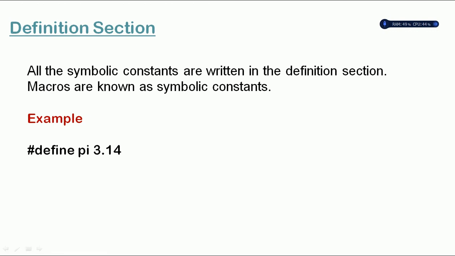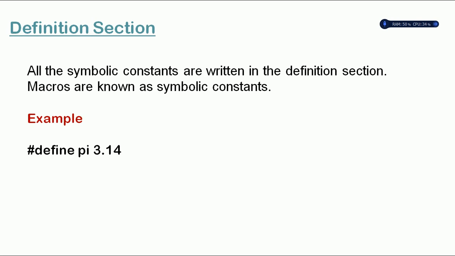And then the next section is the definition section. What this definition section does is, in your program you are going to use some symbolic constants. Suppose for example, I am trying to use the pi symbol, because I want to find the area of a circle. So it is pi r square. I didn't find a pi symbol on my keyboard.